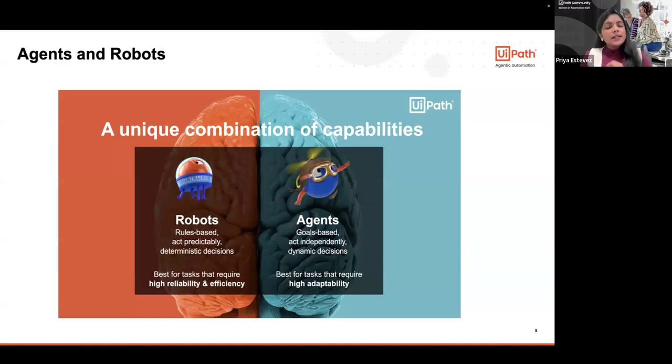But agents are goal based. You just have to define your goal in natural language, and that helps the agent act independently and make its own decisions autonomously. That's why agents are easy to adapt to any situation. Based on your process, if you define your goal, that gives the agents easy adaptability.